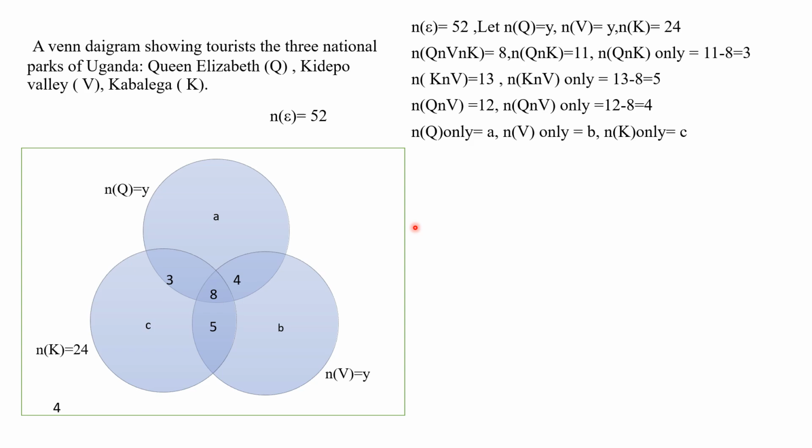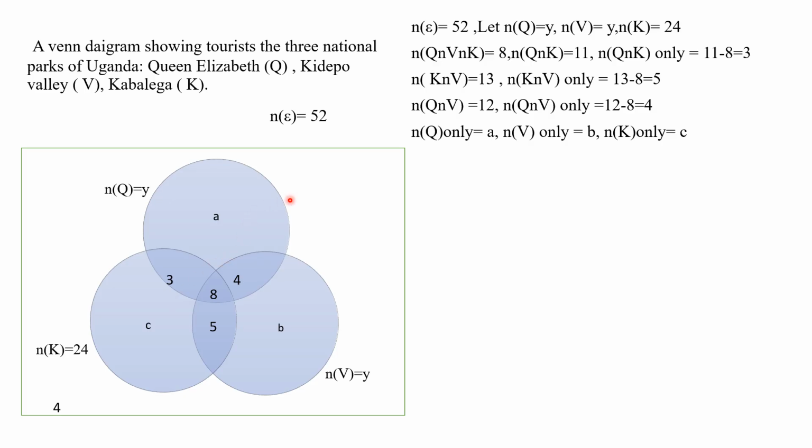But is there any set that I can use? For you to use that given set, you have to make sure that you have only one unknown. If I consider this one, I have unknown B and Y. If I consider this one, I have unknown A and Y. If I consider this one, I have only C, because I have the value here.